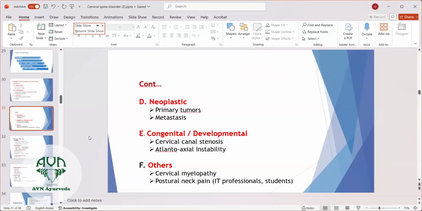The congenital or developmental anomalies are like congenital cervical canal stenosis and atlantoaxial instability. Others we usually meet are cervical myelopathy and posture-related neck pain, usually seen in IT professionals.